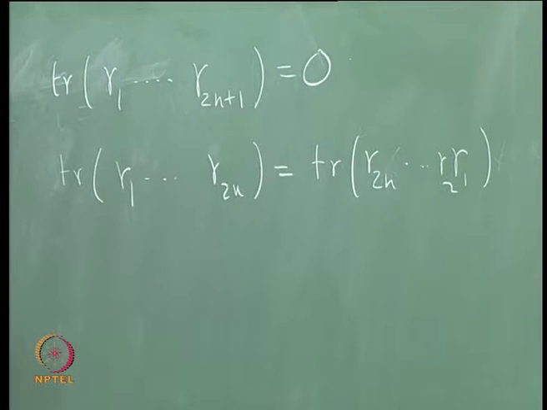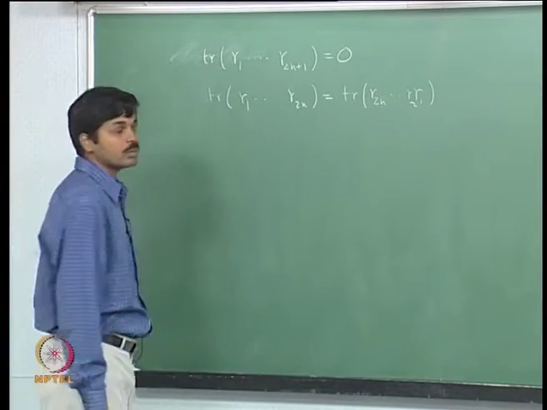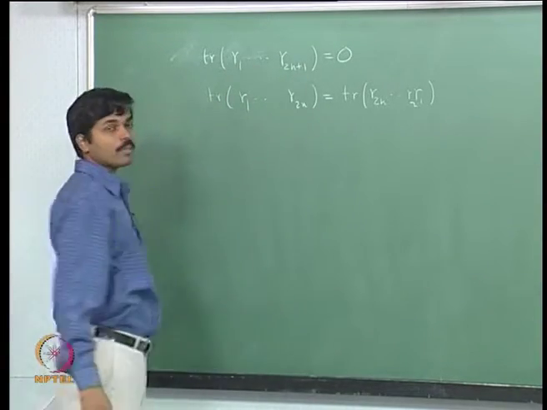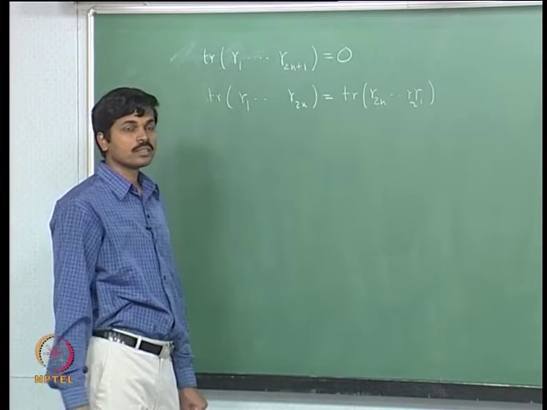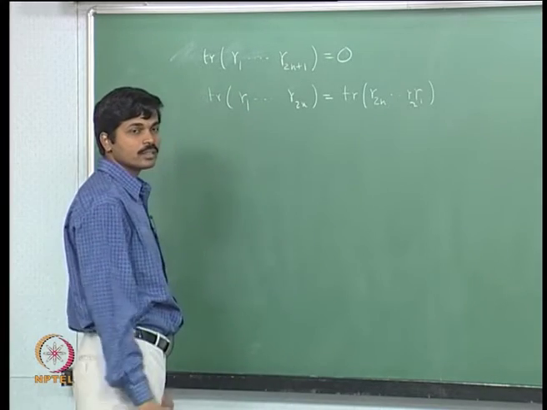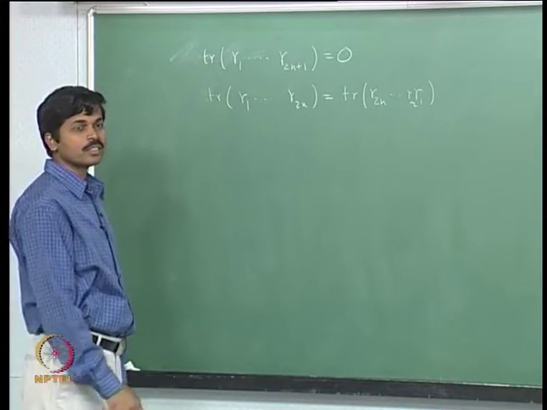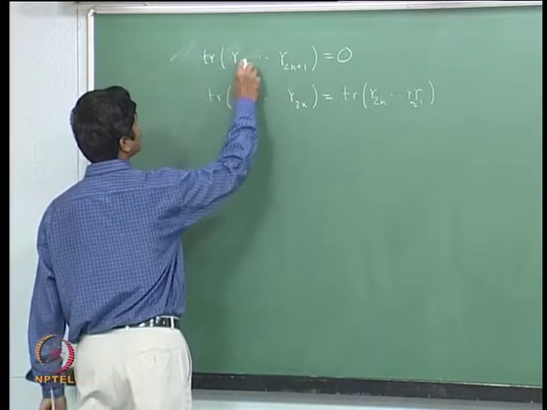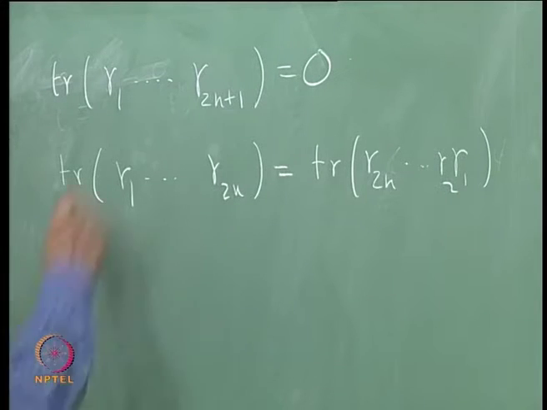Gamma mu 1 till gamma mu 2n. Yeah, absolutely. N number of gamma matrices and 2n number of gamma matrices. So we should write gamma mu 1. Yeah, you should write that way. Anything wrong with this? I said that 2n plus 1 number of gamma matrices. That's what I said. I stated this, right?